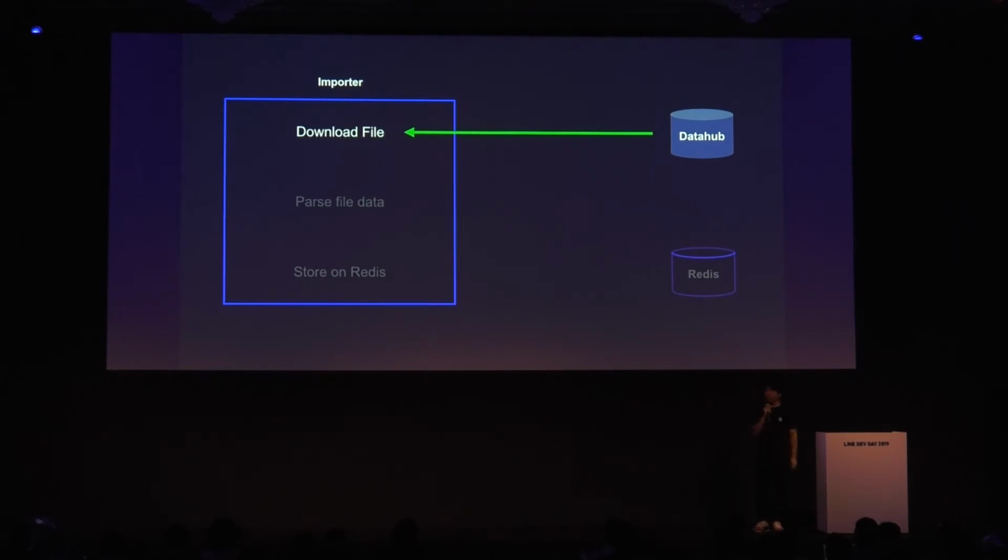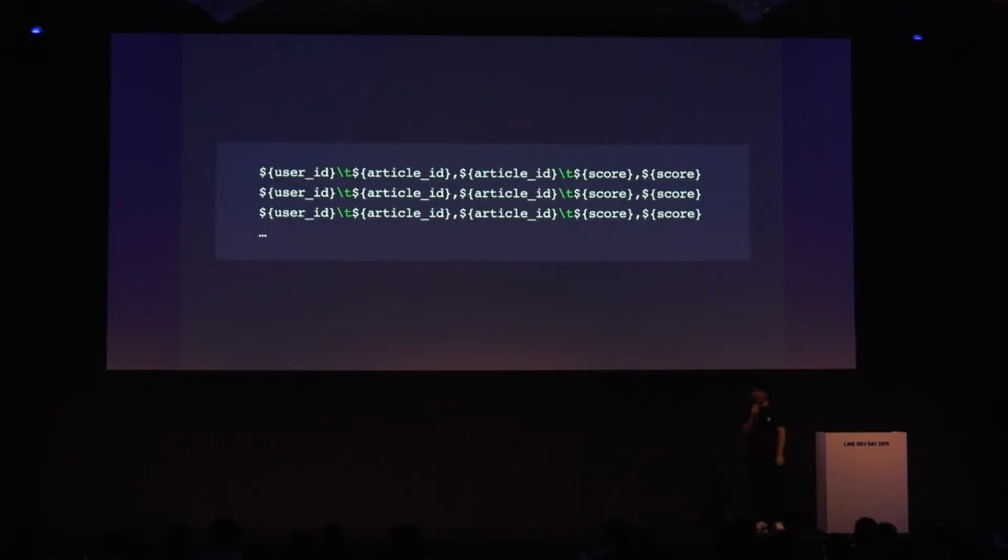When the import process runs, first of all, the file is downloaded. The file is in TSV format, so it looks like this. User ID, article ID or list of article IDs, and a list of scores for the article IDs, separated by tabs.